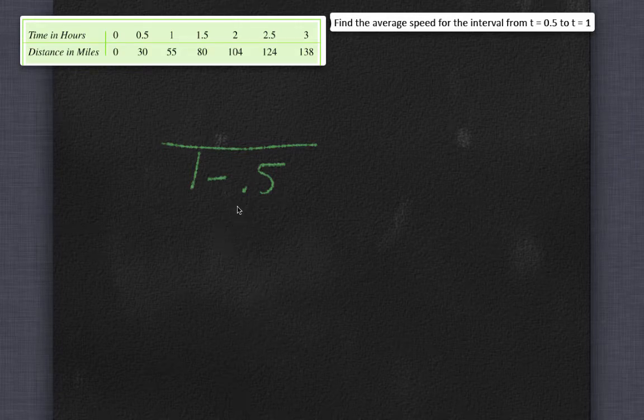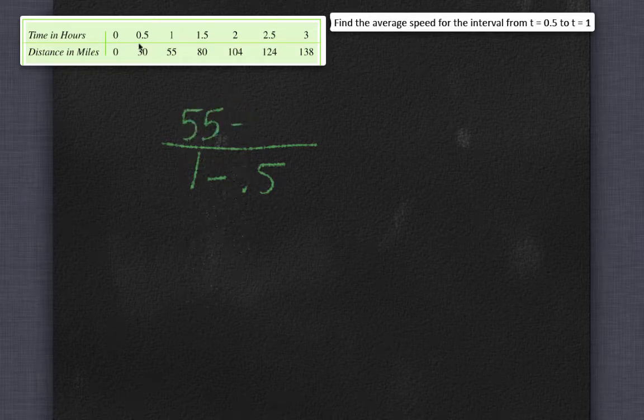But to build up to a general formula, we can write it in this manner. At the end, I've gone 1 hour. At the beginning, I'd gone half an hour. So their difference is how long I went. Then for the distance traveled, because we're still on a distance over time situation, by the end of that 1 hour, I had gone 55 miles.